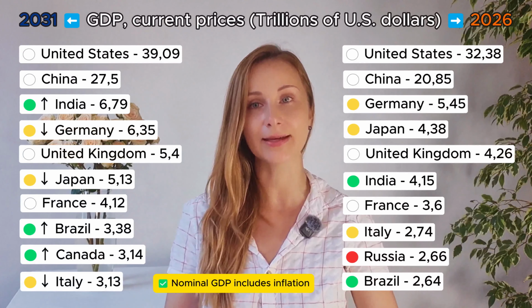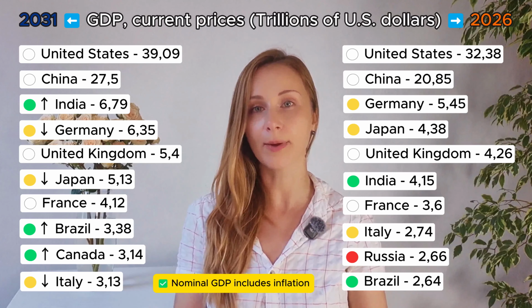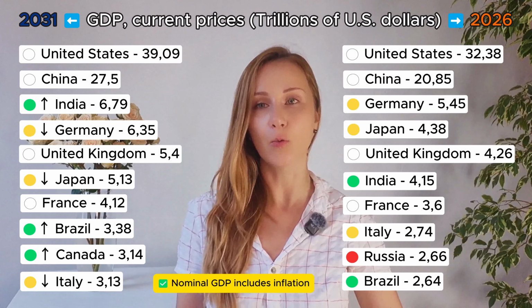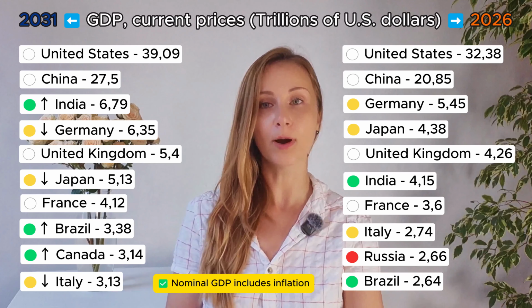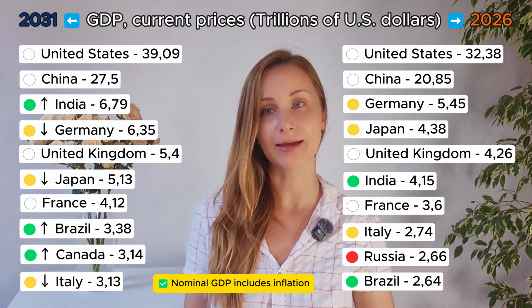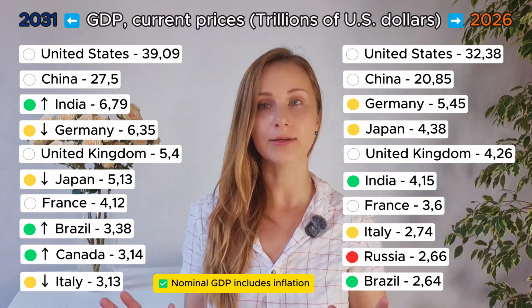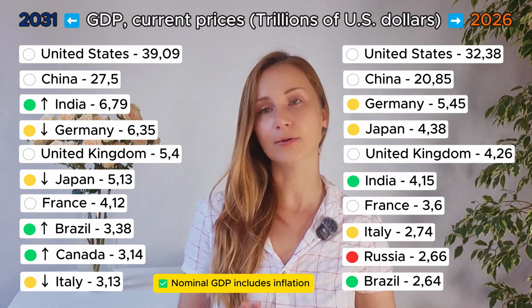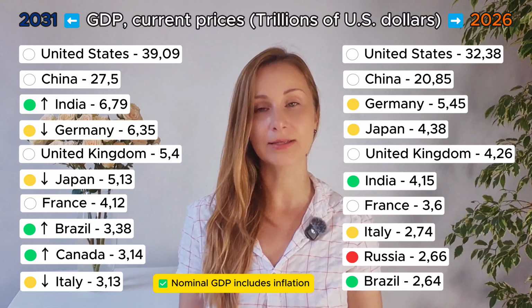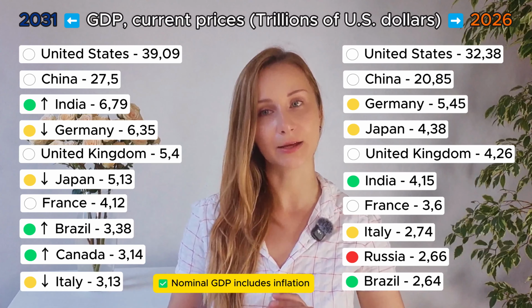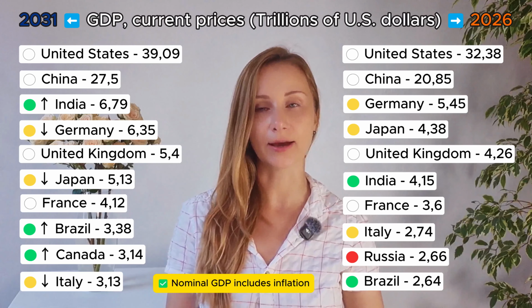And of course, let's take a look at the expected changes in the ranking of the world's 10 largest economies in terms of GDP at current prices. So as we can see, some countries will remain in their current positions, while others will move up or down in the ranking. Some countries will even disappear from the list. So the world's 2 largest economies are expected to remain the United States and China.